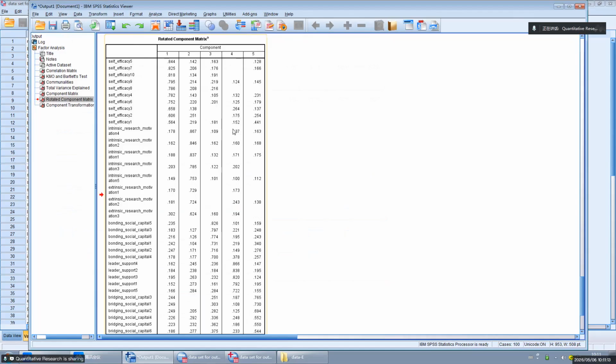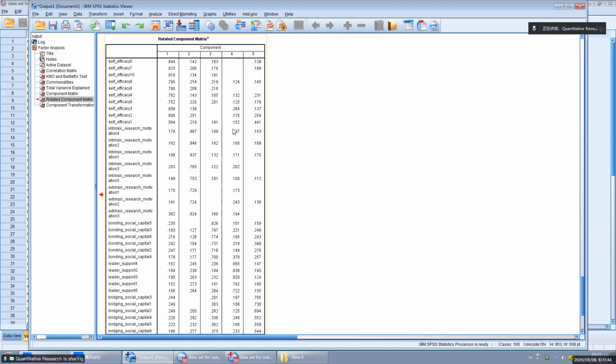We expect intrinsic motivation and extrinsic motivation to be distinct from each other, belonging to separate factors. But here you can see they are combined in 1 factor. This is a problem.